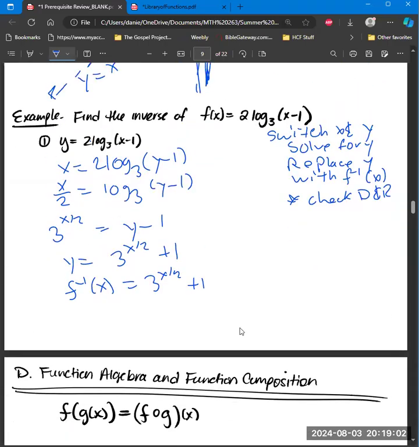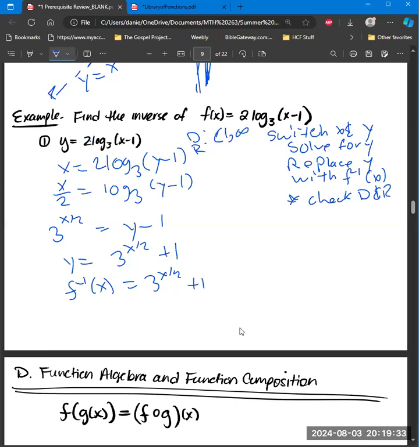And just to check here, my original domain was x needs to be greater than 1. And my range here would have been y is between negative infinity and infinity. It's just any element of the real numbers. So let's do that in interval notation.